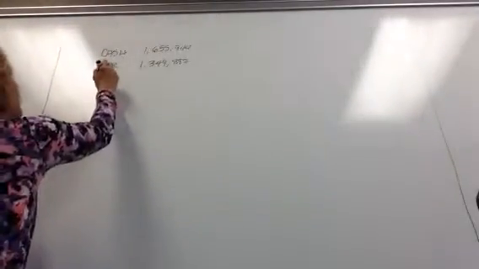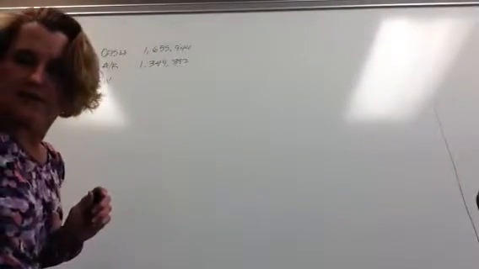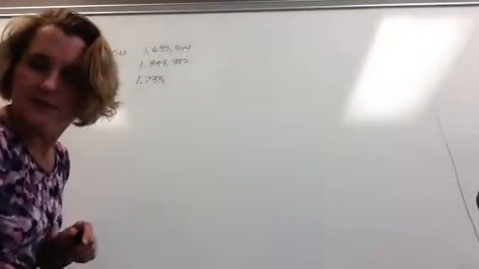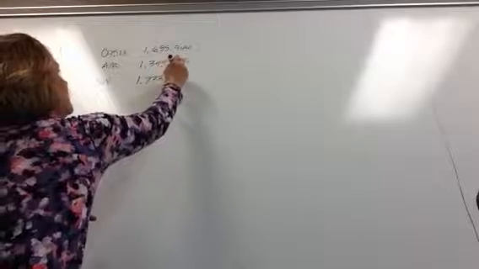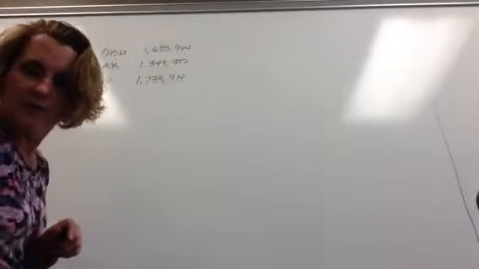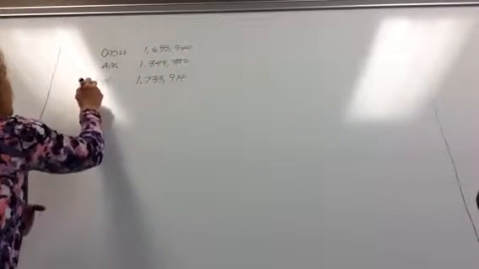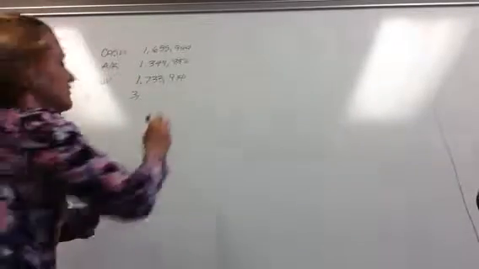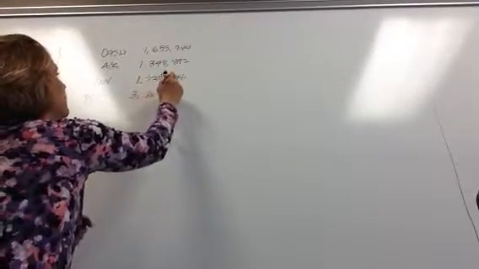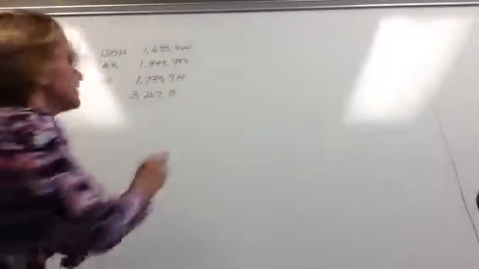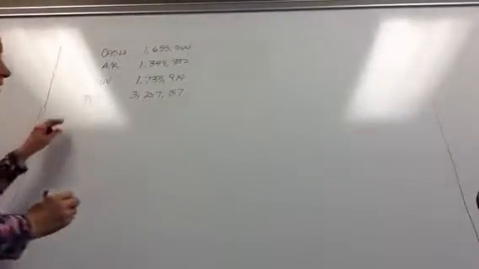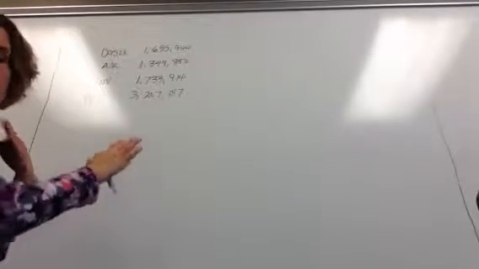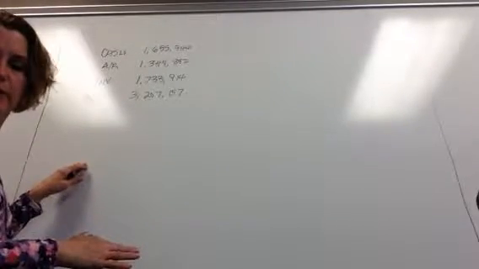Inventory is 1,733,914, and then we have property, plant, and equipment, 3,207,157. Then we would have our total assets, but I'll do those when we add them up over there.